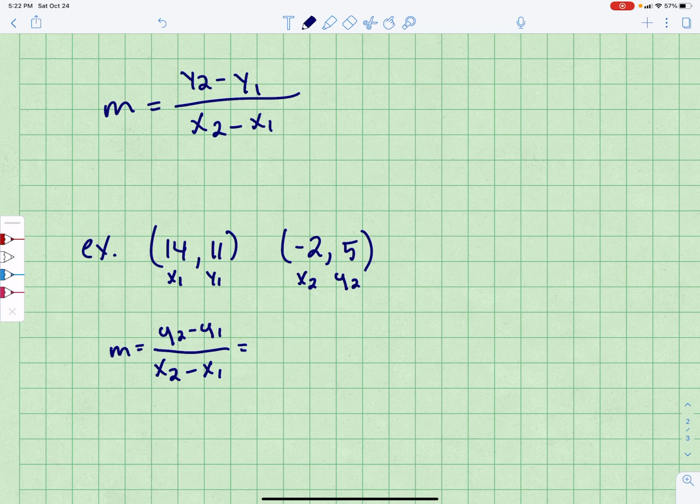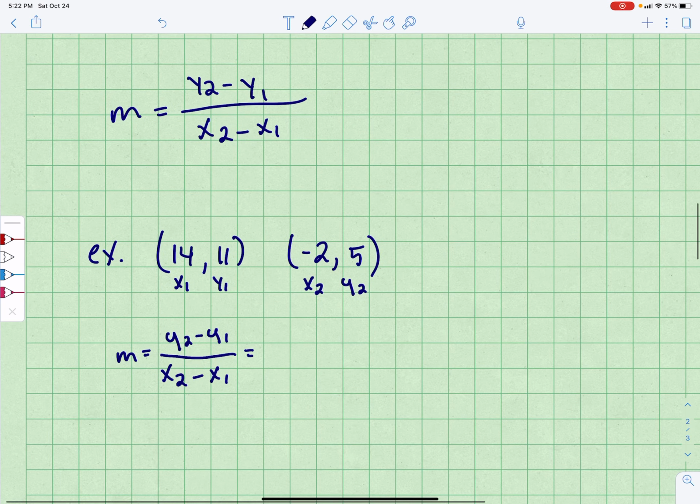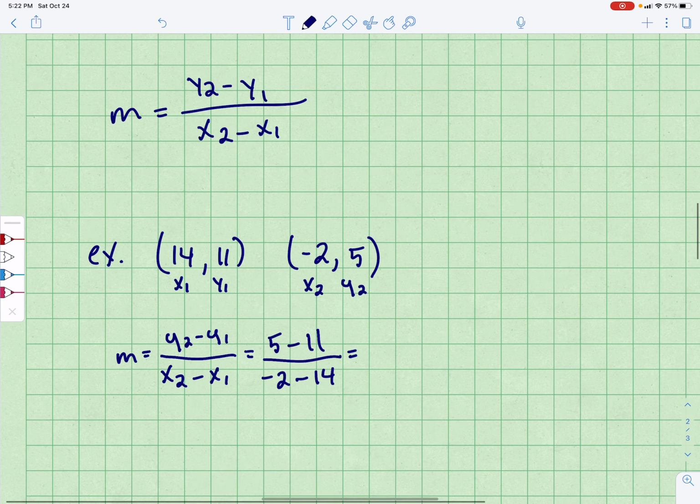So moving on, I go ahead and plug stuff in. We can see that y2 is 5, so that would be 5 minus y1, which is 11, over x2, which is negative 2, minus x1, which is 14. 5 minus 11 would give us negative 6, over negative 2 minus 14, which would give us negative 16.